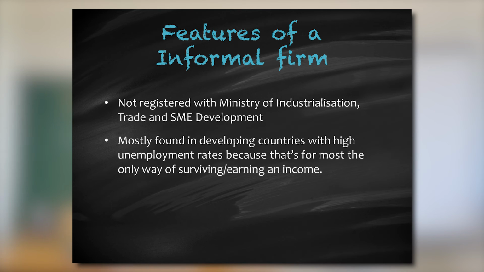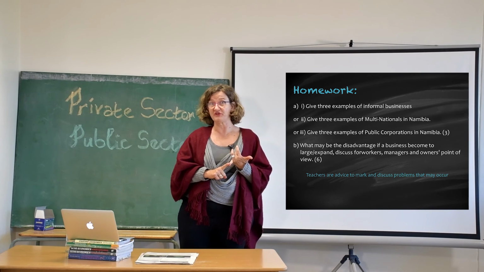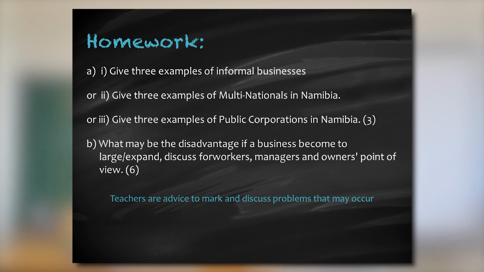This type of business form exists a lot in countries like our country where the unemployment rate is very high, because that's the only way of earning an income. Okay, we have examples. Give 3 examples of an informal firm. Give 3 examples of a multinational in our country, or 3 examples of a public corporation.